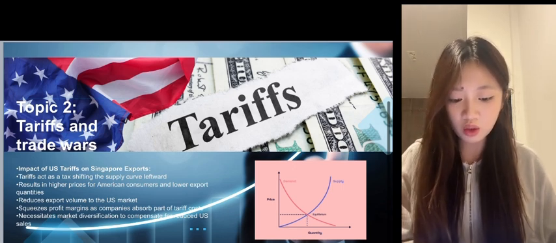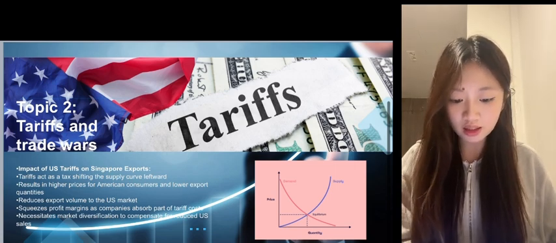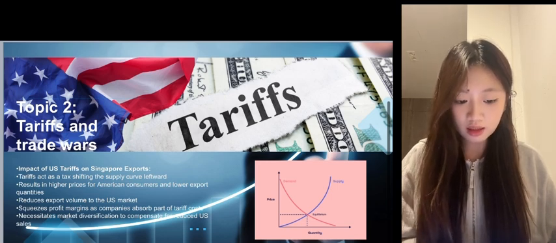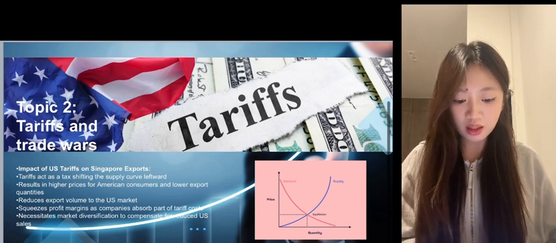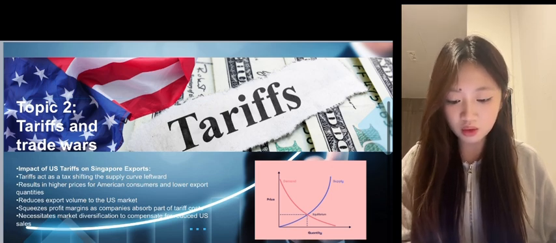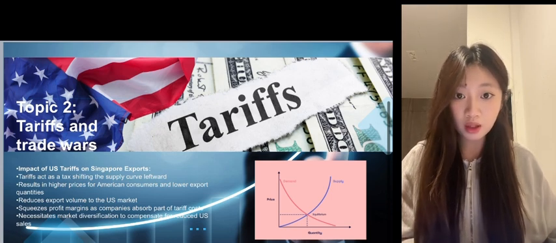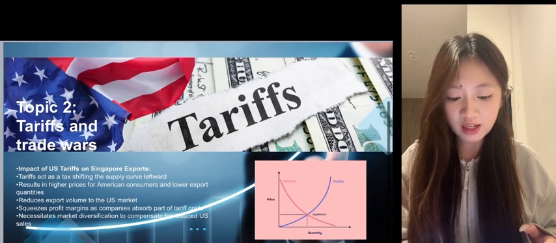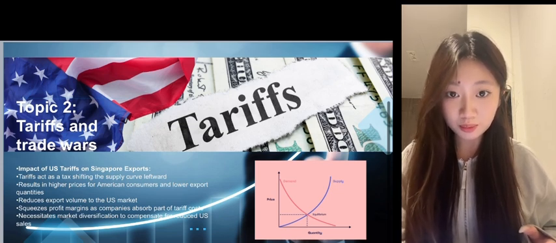While the original equilibrium represents our current export situation, the tariff creates an additional cost for each unit exported. This cost cannot be absorbed entirely by our company, resulting in higher prices for American consumers and lower quantities of our products being exported. From our organization's perspective, this shift would lead to several consequences.